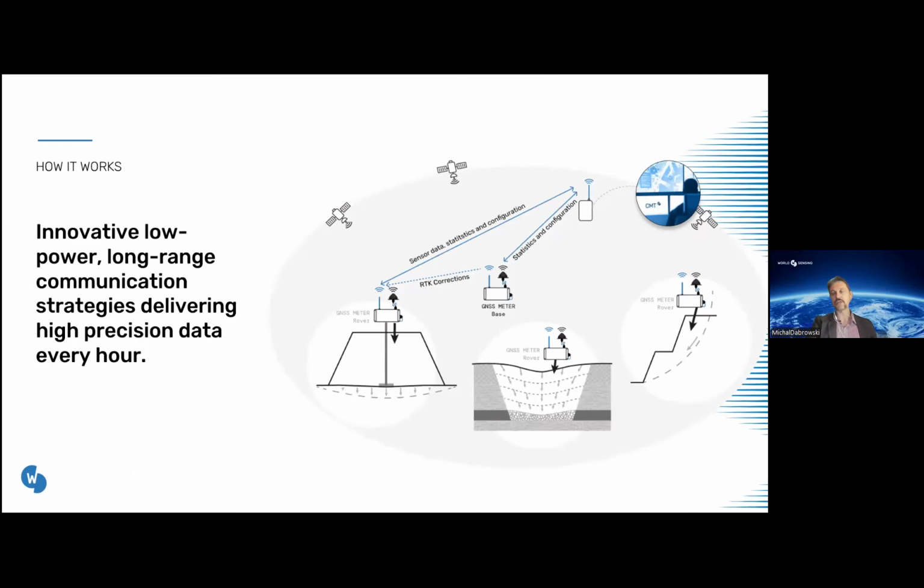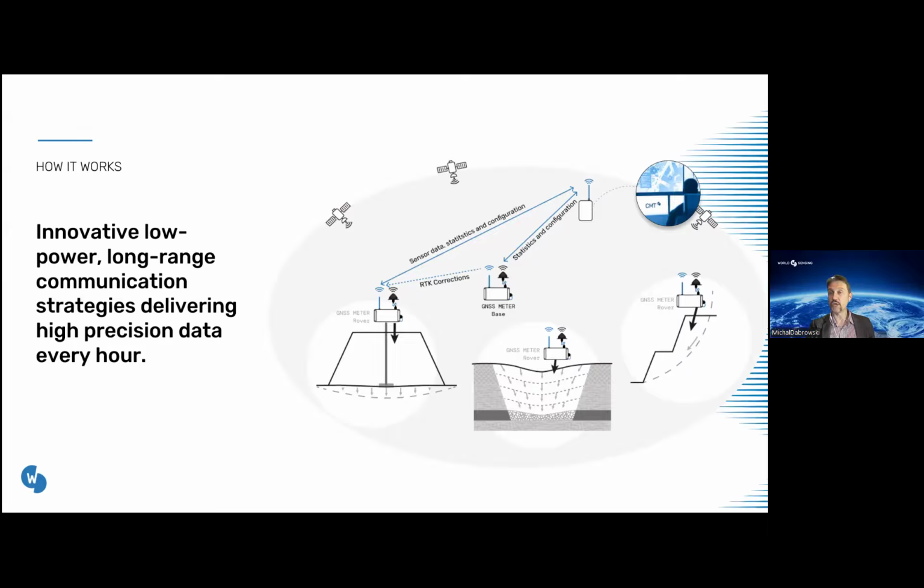I'm going to talk a little bit more right now about GNSS technology, how our unit operates. This is a differential GNSS unit or system, meaning that it uses a permanently occupied, stable base, and the positions of monitoring points are obtained in relation to that base.